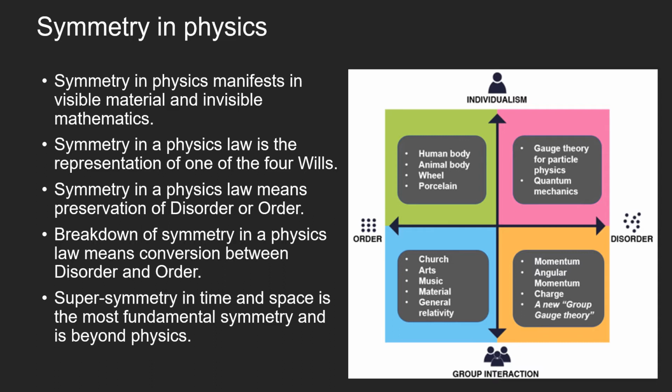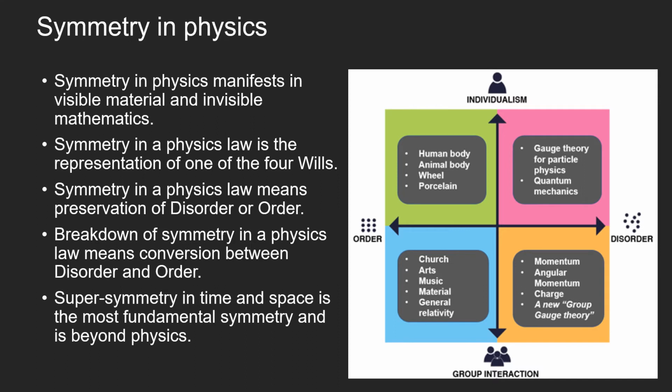Symmetry in material is a representation of its will of group efficiency. It means preservation of a certain order in the material. The breakdown of symmetry means loss of the order in the materials.